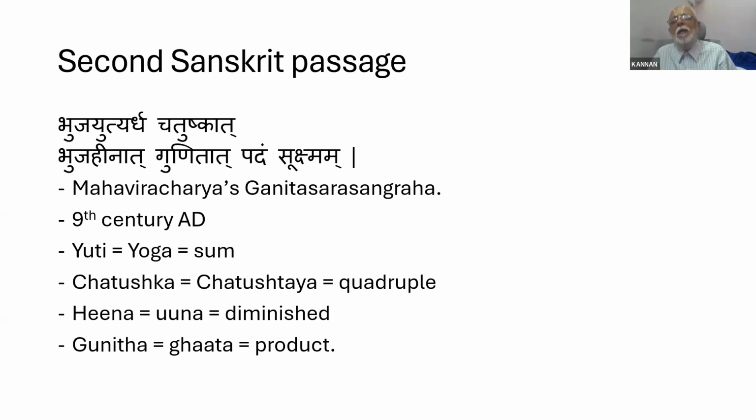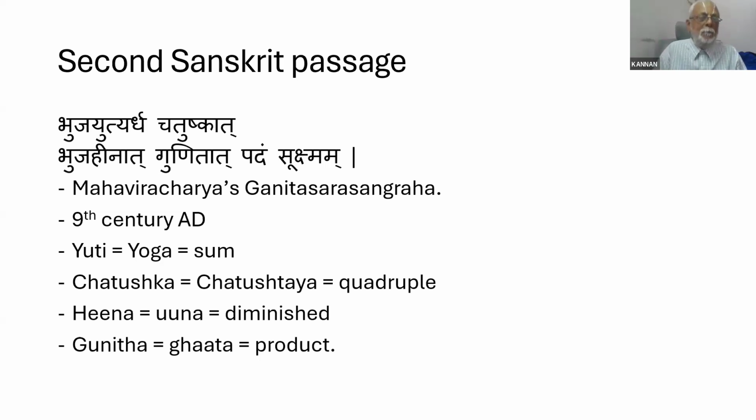But in this context, both yuti and yoga mean the same thing, sum. Instead of chatushtaya, the word chatushka is used. Both mean the same, four quantities. Instead of una, the word hina is used. Both mean the same, diminished. Instead of ghata, the word gunita is used.